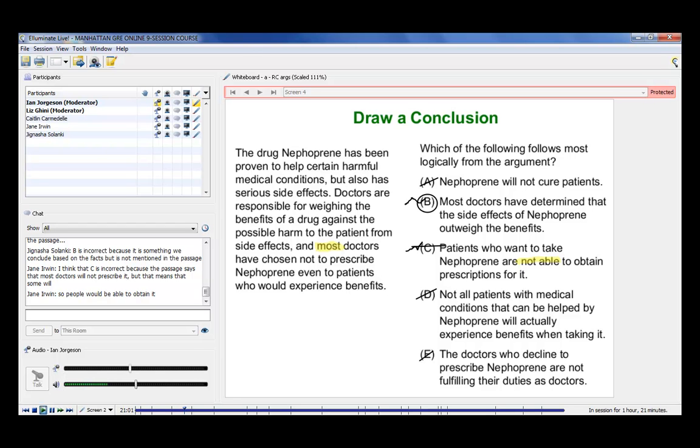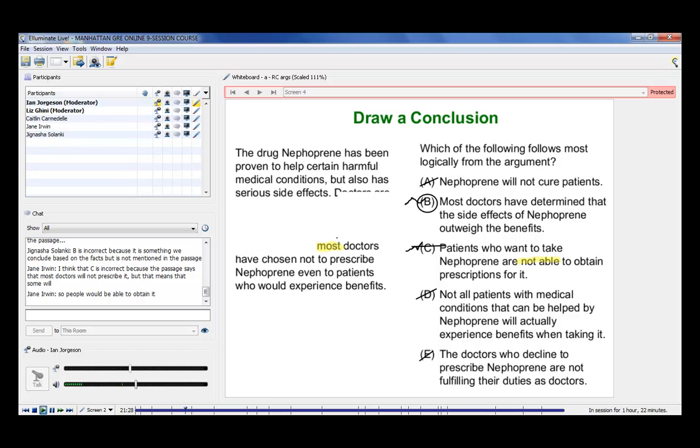We can infer that the doctors have determined that the side effects outweigh the benefits. Now notice that if they left out the middle portion of this argument, we would not be able to infer B. So let me give you an example of what I mean by that. Let's say they'd left out all of this.